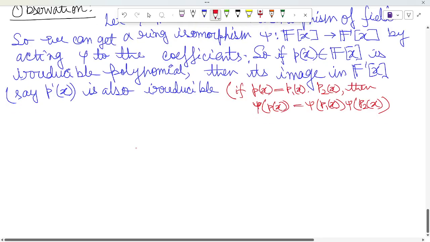Now irreducible means maximal ideal. Irreducible means maximal ideal.